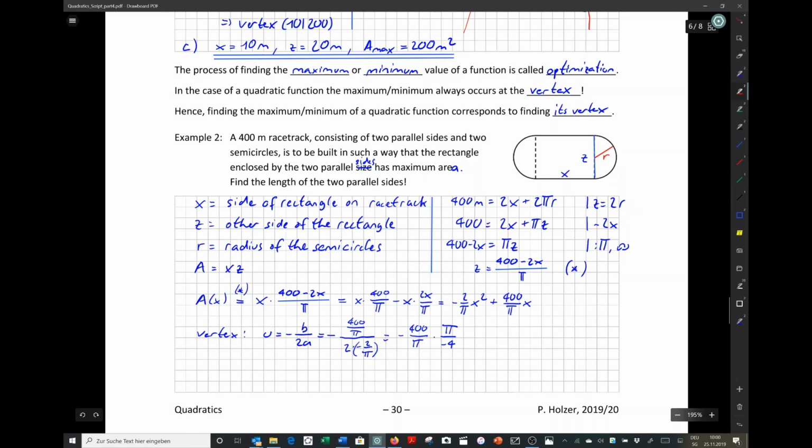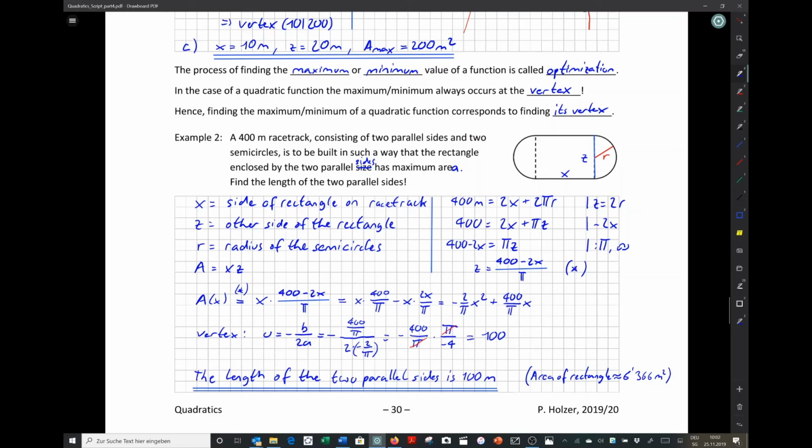The pi cancels out, and the minus 4 cancels out against the minus 400, and we get in the end this equals 100. And so we have found out what was asked for. The length of the two parallel sides is 100 meters. And the area of the rectangle would be 6,366 meters squared approximately, but that was not really asked for.